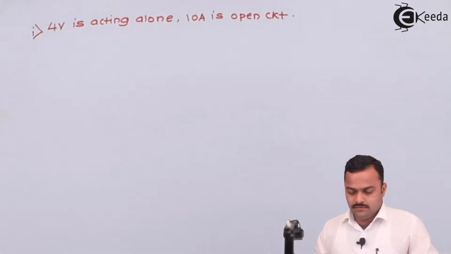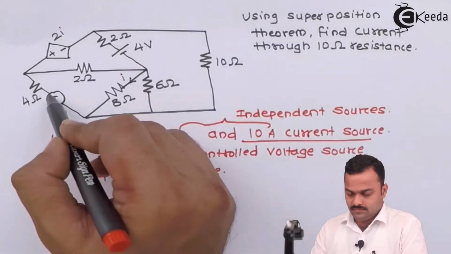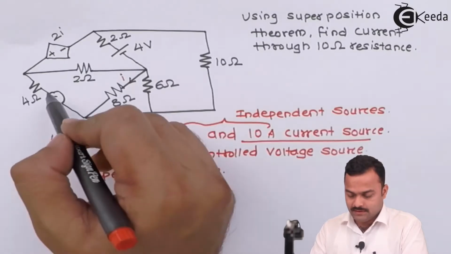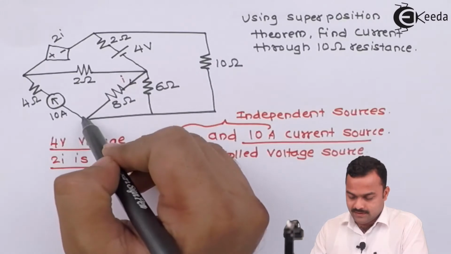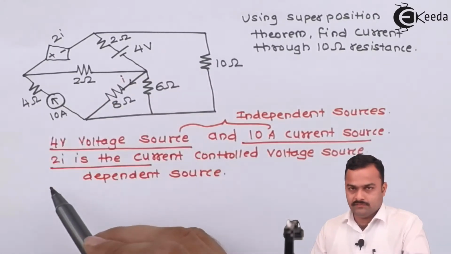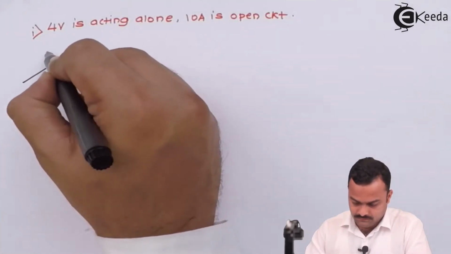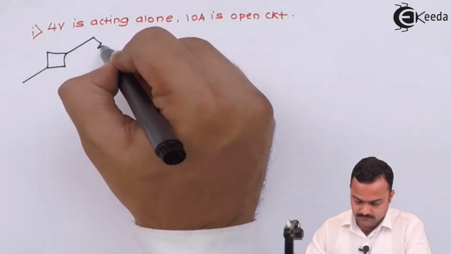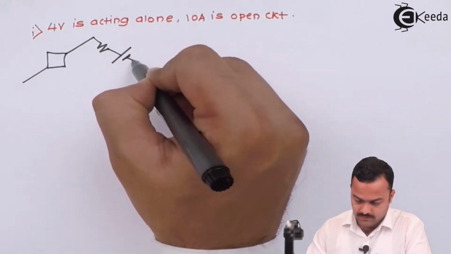By doing so, we are changing the circuit. The 10 ampere source will be open circuited, and by this open circuit the 4 ohm resistor will also get open circuited. In the end, this entire branch will go. So how will the circuit look? We will draw it. The dependent source will be there as it is. This is 4 volt acting alone.